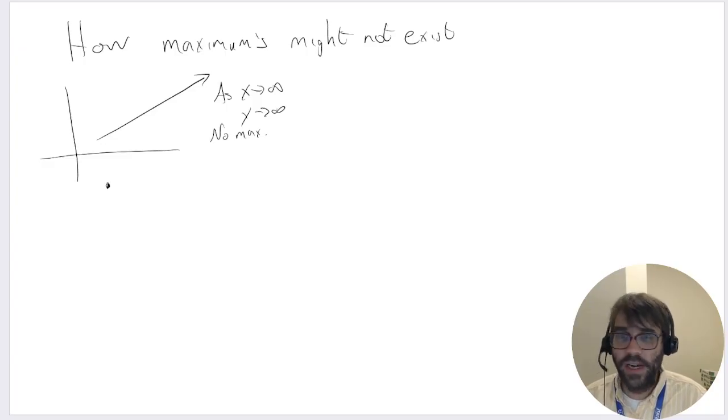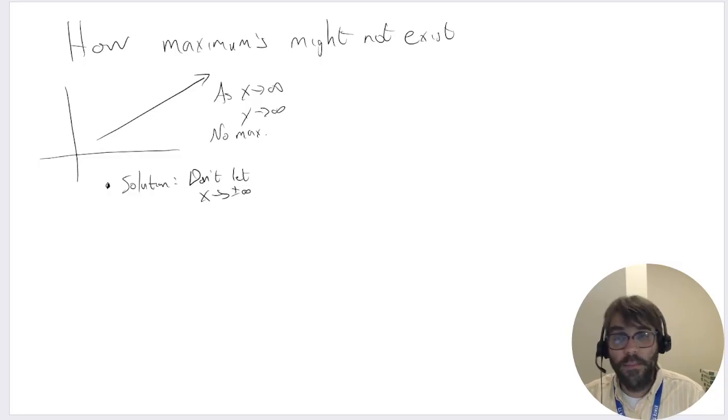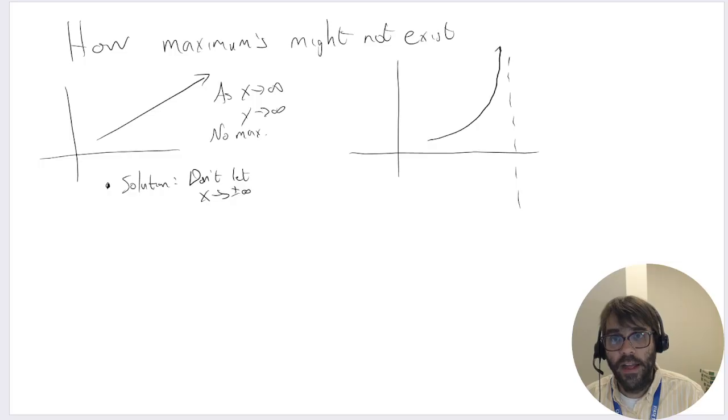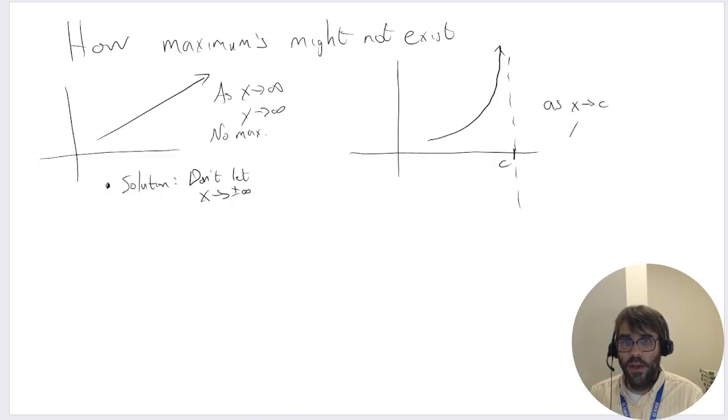So if we're going to say we need there to be a maximum, the solution is don't let x go to plus or minus infinity. But that doesn't actually solve the problem because I can draw an asymptote and have the same issue. If this asymptote is at c, as x goes to c, y goes to infinity, and so there's no maximum.